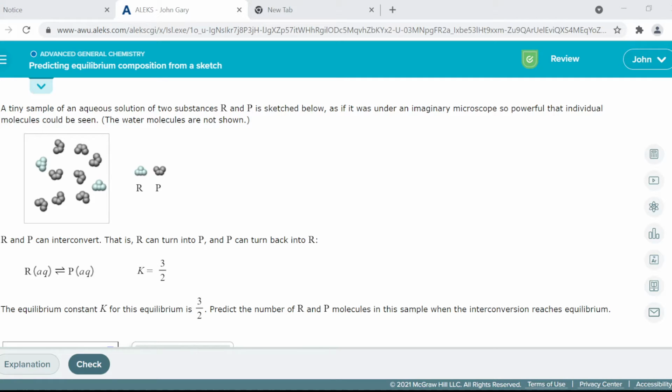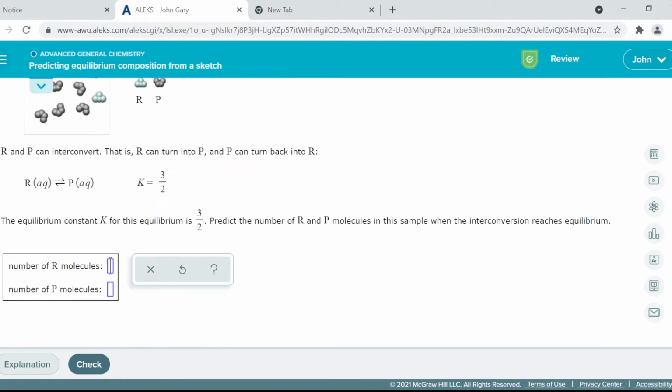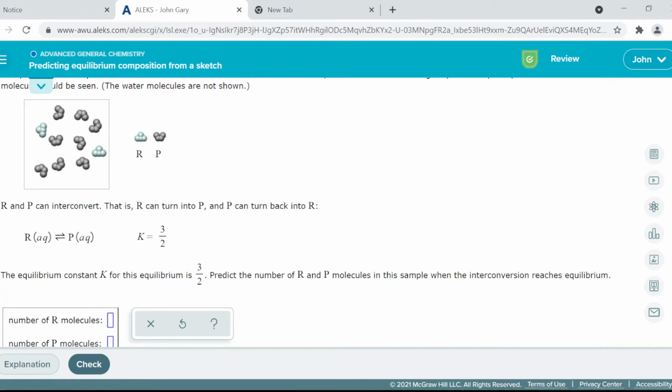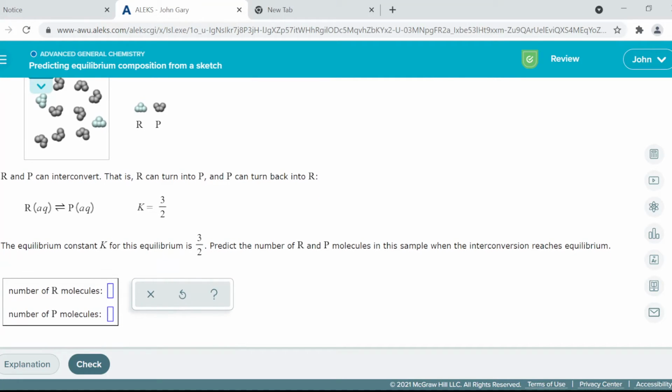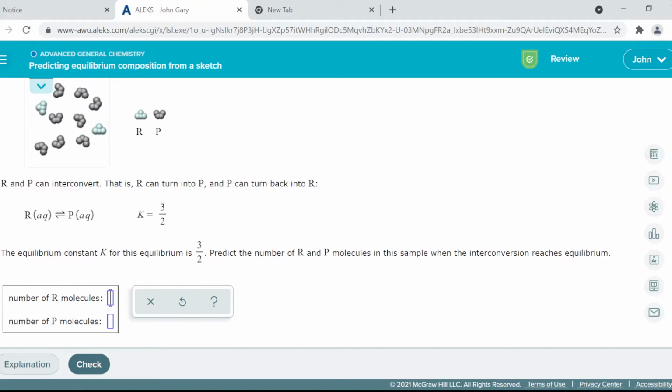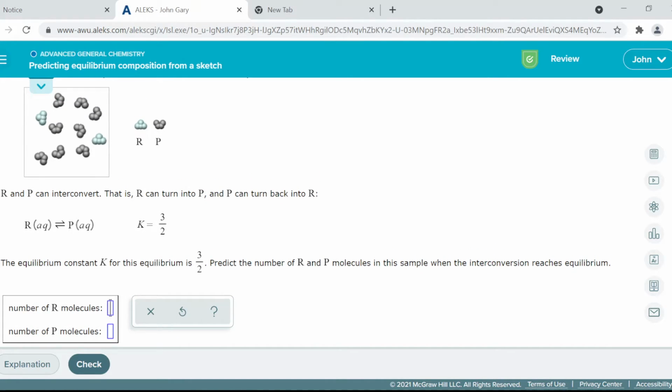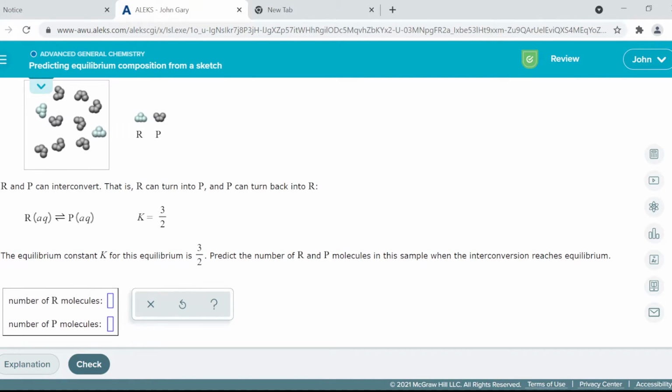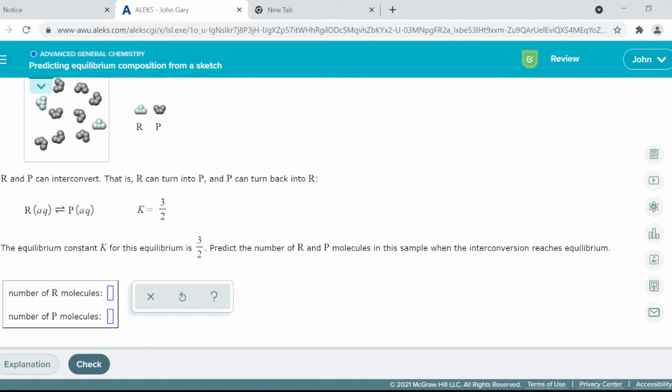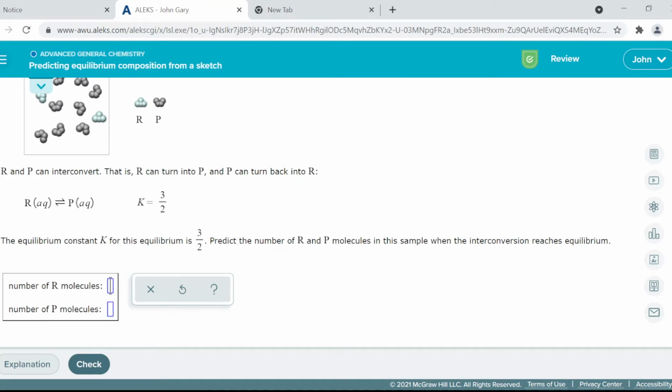So let me see. How do I go? I guess I have to do it now though still. So 3 over 2 reactants into products. We said that's what, 9 to 2 ratio? 8 to 2. 8 to 2. I think that puts that at 4.